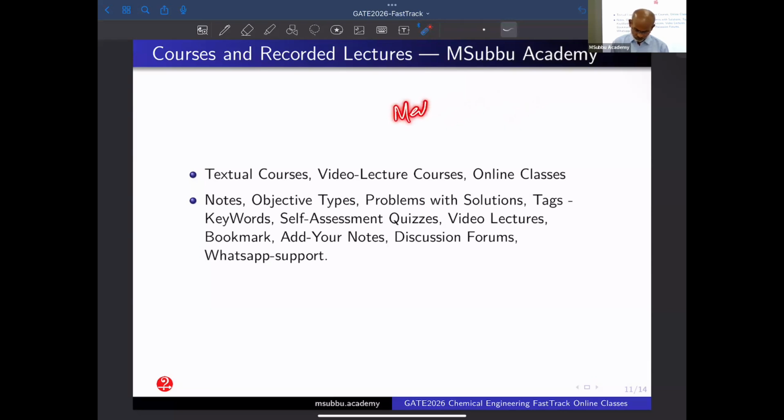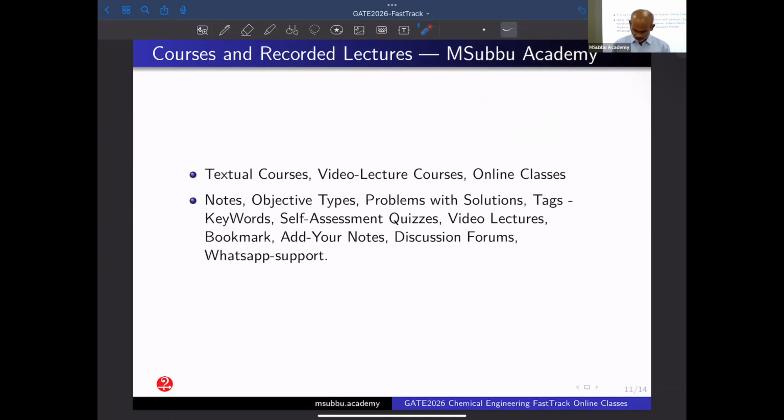For example, the mathematics course has questions from 1988 to 2025, and like that for every subject. Every question has a tag, so you can easily see the 2025 questions: go to mathematics, click on the year 2025 tag on the right side, and you can see all the questions of 2025.